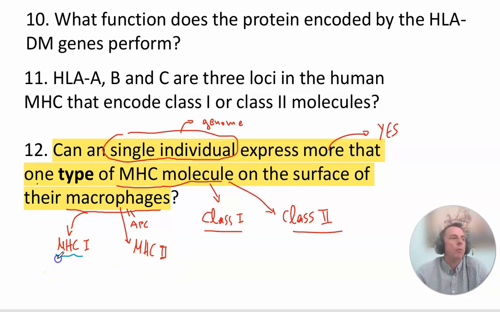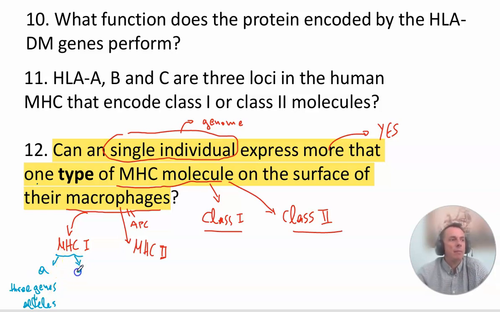Why is that? Because the alpha chain, just to recap, the alpha chain of the MHC class 1 is encoded by 3 genes with thousands of alleles for every gene, which are all co-dominant. So a huge variety of alpha chains leading to a huge variety of MHC class 1 molecules.